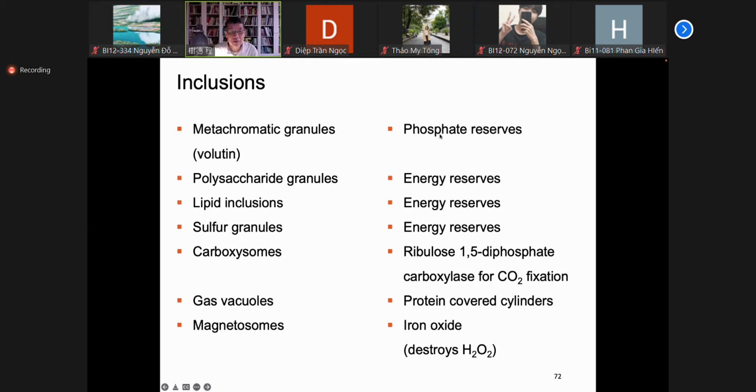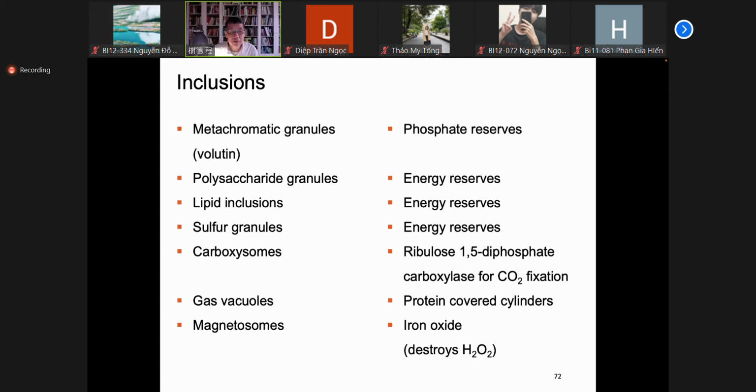And so when it has abundant phosphate, it will store some. Polysaccharide reserve is for energy. Polysaccharide lipid is for energy. Sulfur things generally are stored, maybe inside the cytoplasm, or maybe outside the cytoplasm, in the periplasm.